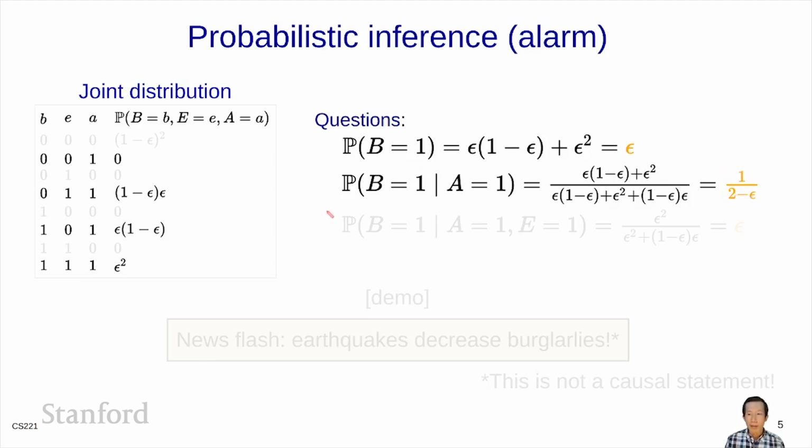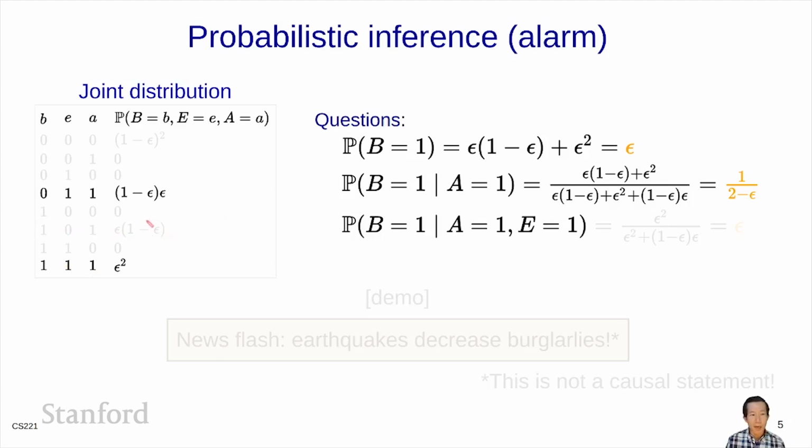So now the final question is, what is the probability of burglary given that I heard the alarm and also I hear that there's an earthquake? I'm conditioning on now A equals 1 and E equals 1. So I'm going to wipe out the rows where E is 0.